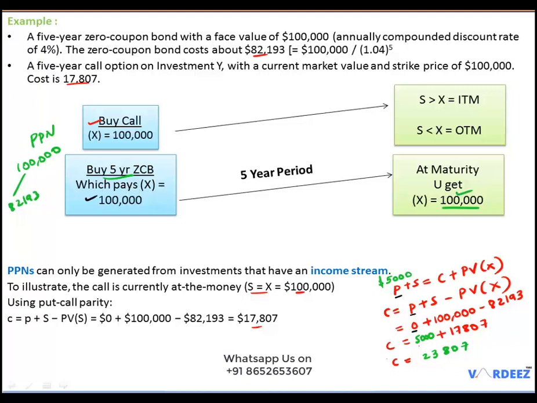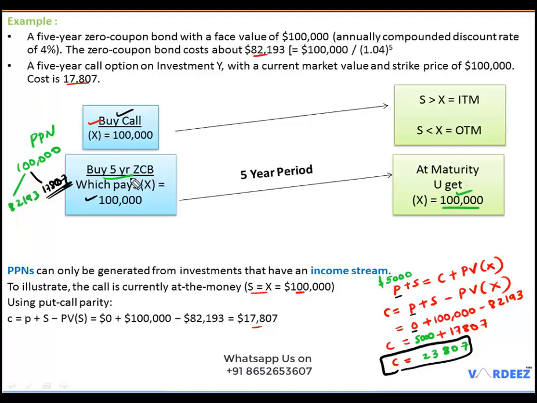And the other portion, which is 17,807, is what I wanted to use to buy the call option so that I can get into a derivative position. But now the same call is available for 23,807. Now this has increased my budget by $5,000.